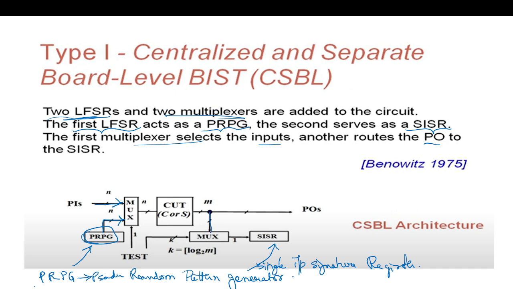Similarly, whether we want to take this response to the SISR or to the primary output, this is the input to the multiplexer, and this is another input. So whether we want to analyze the response or use normal operation will be selected by these two multiplexers.